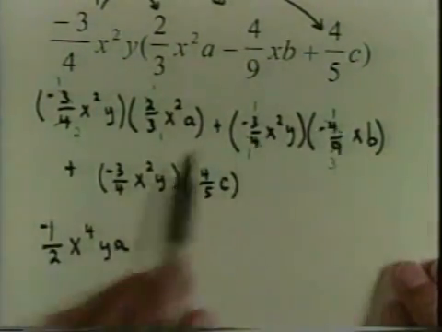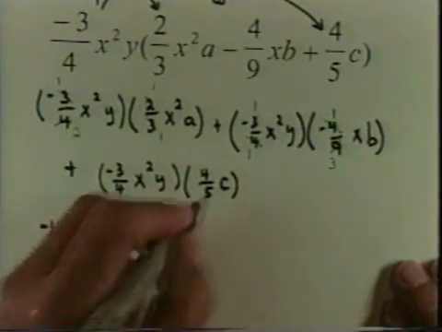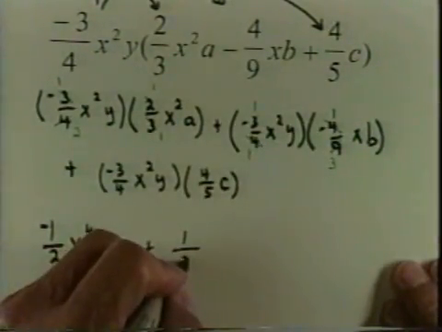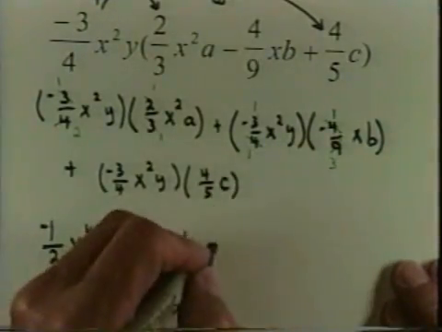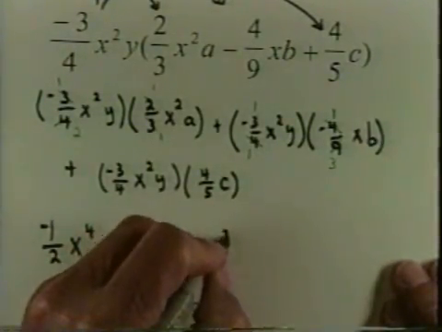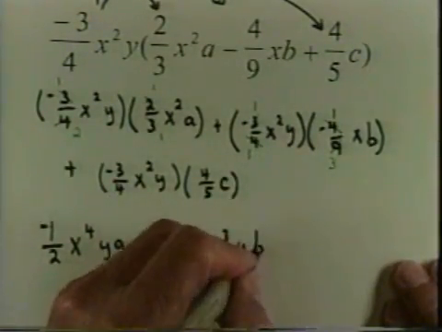A negative times a negative is positive. 1 times 3 is 3. X squared times x would be x cubed. I have y b.